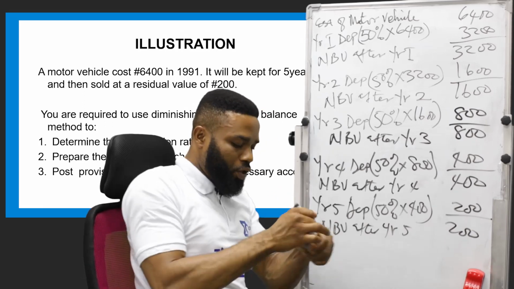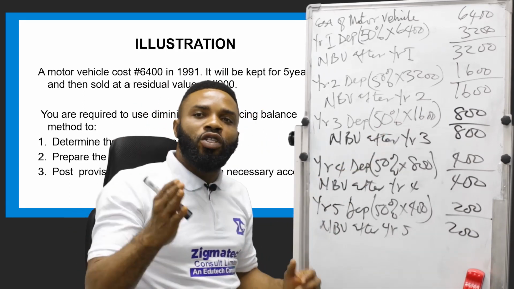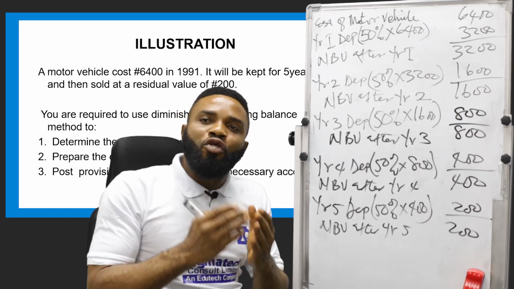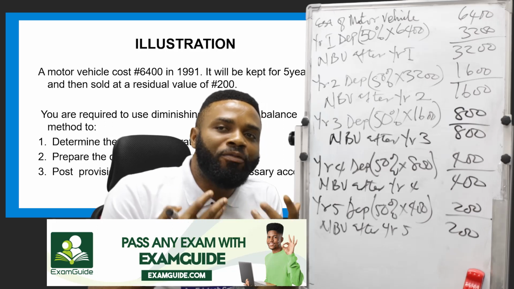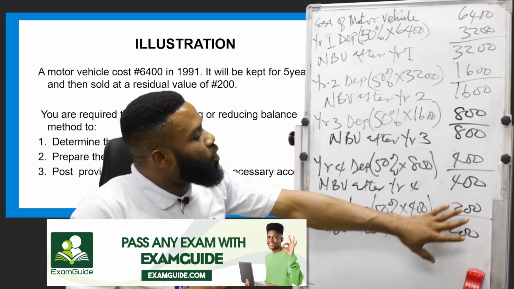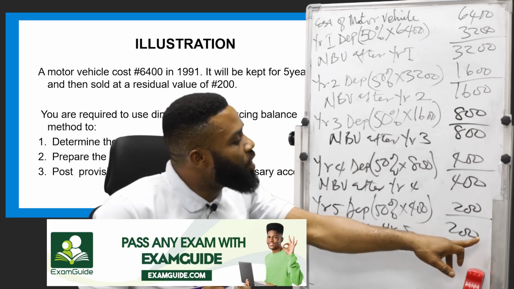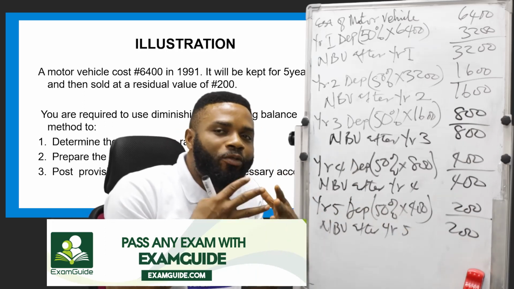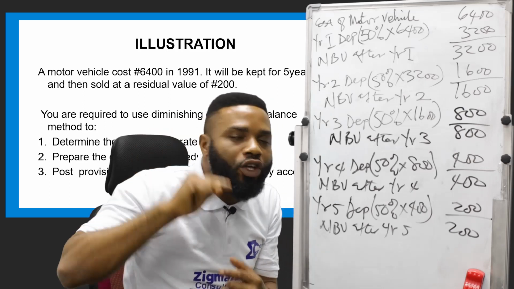Now, let's look at the question and let's look at the illustration on the board. Can you see what the question says? That it will be kept for 5 years and then sold at a residual value of 200. Whenever you are using this diminishing balance method, the value you will arrive at the end of the period should be equal to what is given in the question.